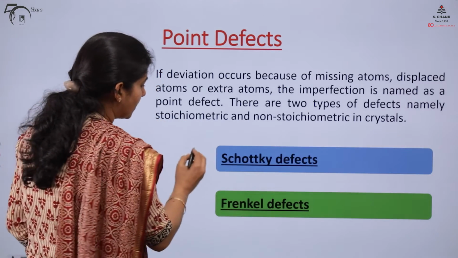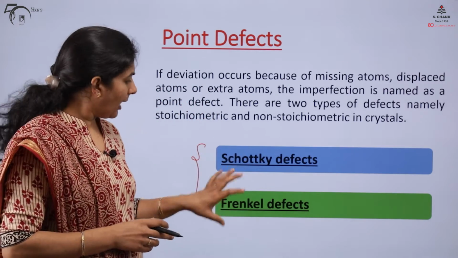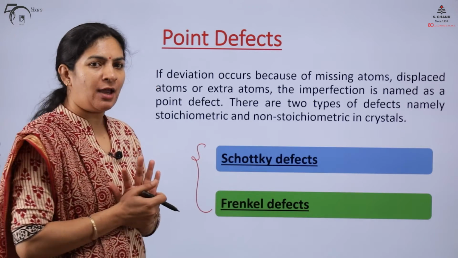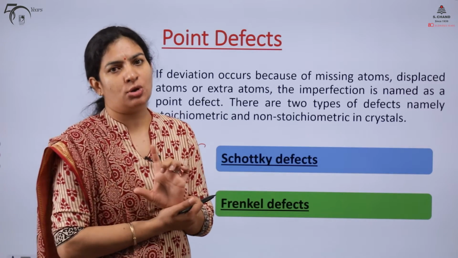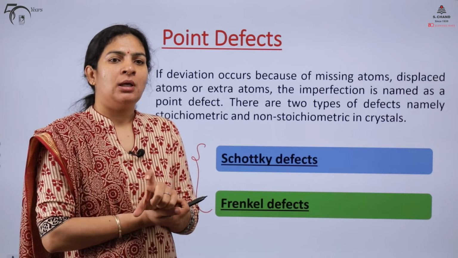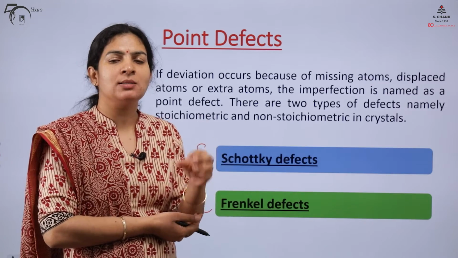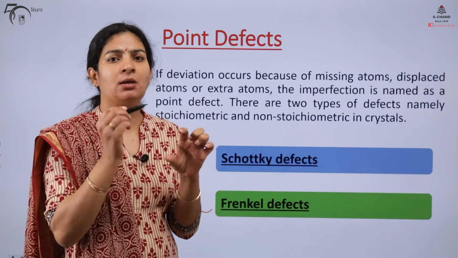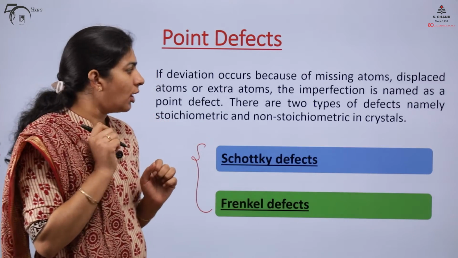Now these defects can be divided into two types: Schottky defects and Frenkel defects. Now Schottky and Frenkel defects are of two types: stoichiometric and non-stoichiometric. Stoichiometric means an ion pair is missing or occupying some other position, that is, ions are missing or dislocating in pairs, right? So the stoichiometry of the crystal is not disturbed.